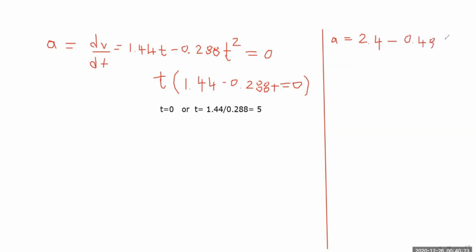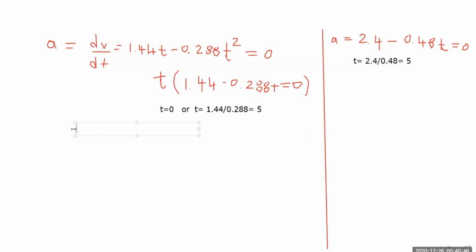And if we solve this equals 0, what are we going to get for t? We're going to get t is equal to 2.4 divided by 0.48. That works out to be 5. So clearly t equals 5.